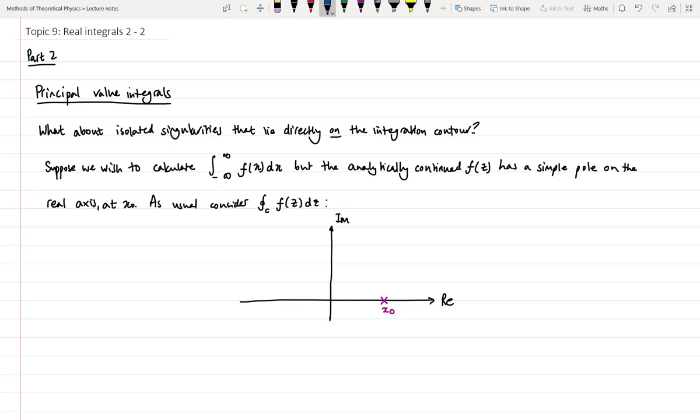And as in previous videos, because we want to calculate a real integral whose limits go from -infinity to infinity, we're going to have part of our contour C lying along the real axis, with a crucial difference this time. We're going to add a path to go round this pole on the real axis. And as before, we're going to close this contour with a semicircular arc. I'll also label, we have minus r and r that we're going to be taking to infinity.